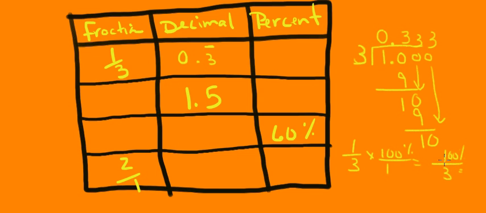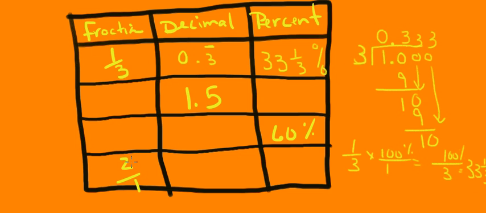When I divide that out, I wind up with what? It's 33 and 1/3. So up here I put 33 and 1/3 percent. Everybody see that? All right.